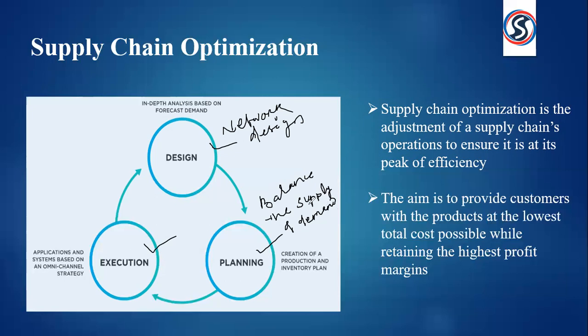Fine. Now, coming to the execution: after the network designing, then balancing the supply and demand, what we have to do after designing and planning is execute it, right? So this phase addresses all the execution-based applications and systems such as warehouse and inventory management. Okay, it also includes the management of transportation facilities and efficiency, and also international trade management.